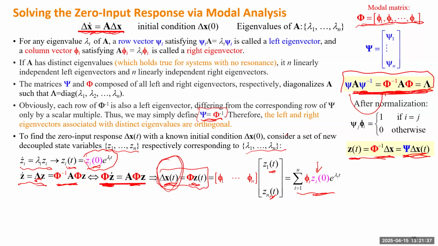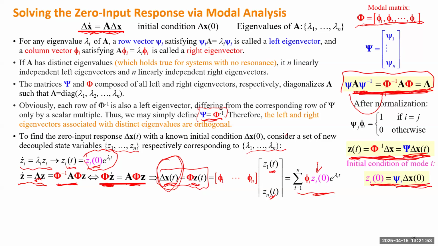But here you see this equation already gives you one formula to estimate the initial excitation of each mode. We simply plug in t equals 0 to that equation, and we'll have this formula.